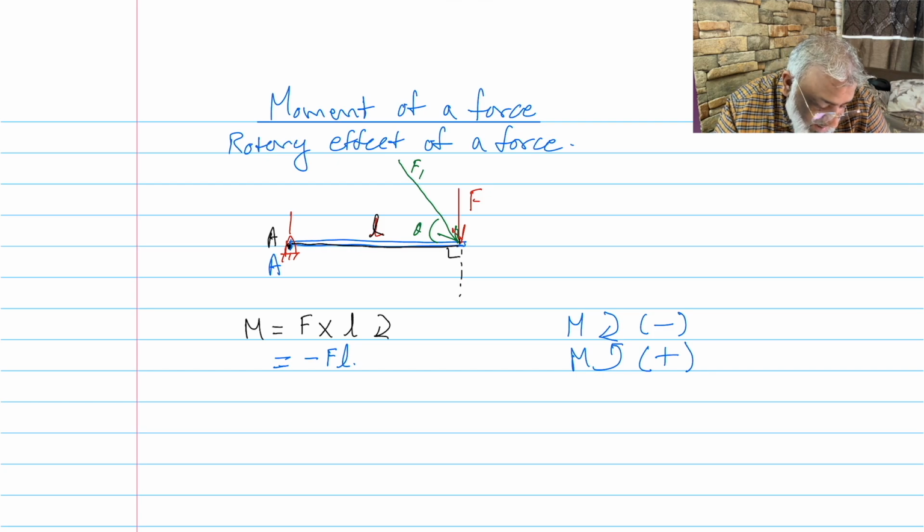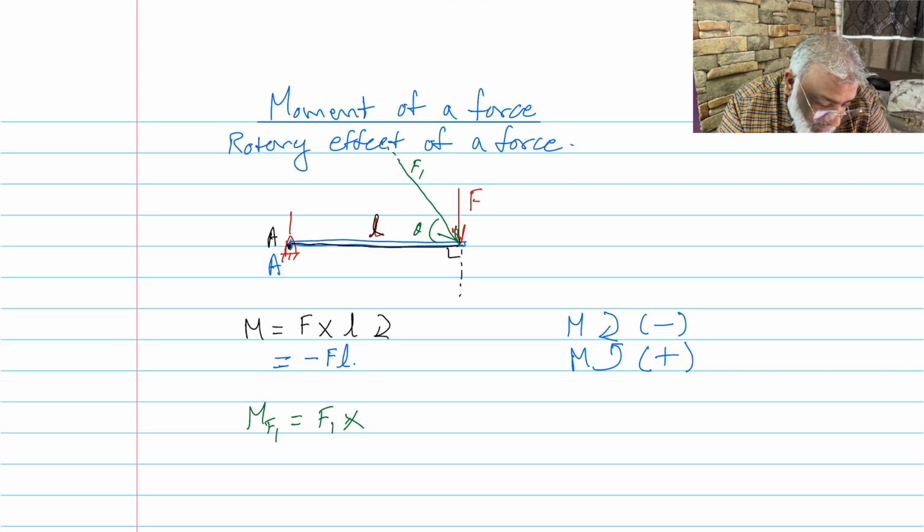This force is also acting at the end of the bar, but the moment of the force F1 will be the value of the force, but the distance will not be L. Now you may be confused that both the forces are acting at the same point, the corner of the rod, and the rod is rotating about the fixed point A, and the distance between them is L. But if you remember, I said the moment is given as the value of the force multiplied by the perpendicular distance between the fixed point and the line of action of the force.